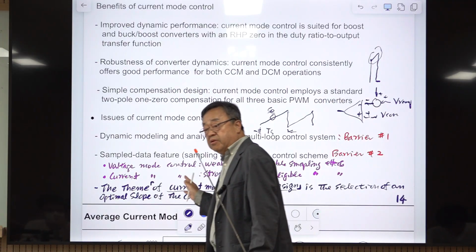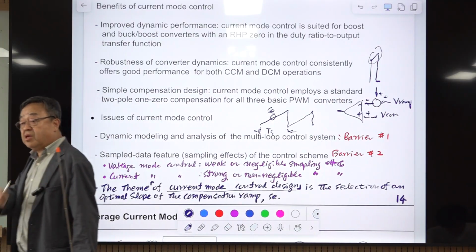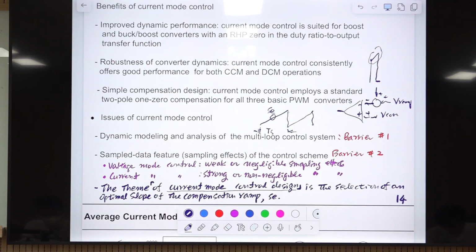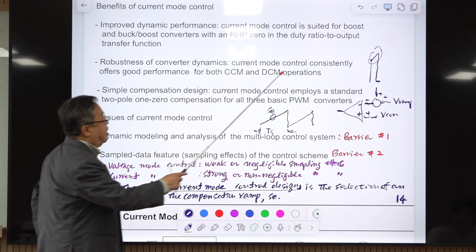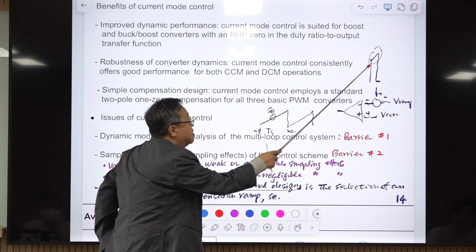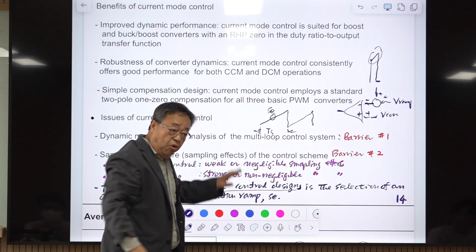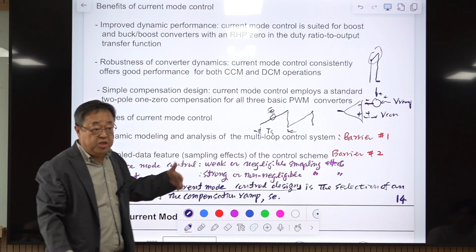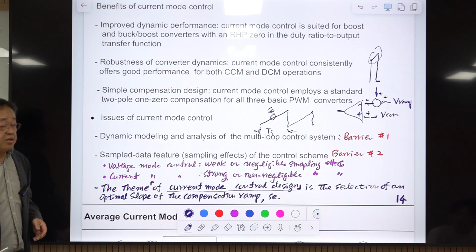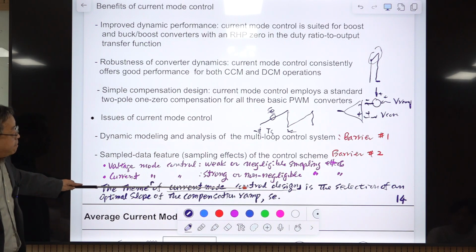That is the basic difference. So the second technical barrier is the sampling effect of current mode control, because the PWM signal is derived in the PWM block, which utilizes this fast varying inductor current or switch current signal as a component of its PWM process. So they are different.